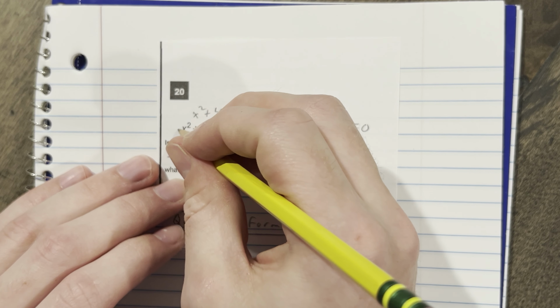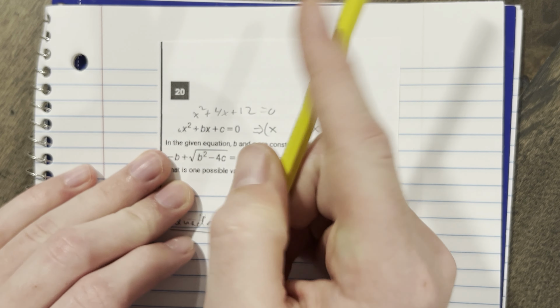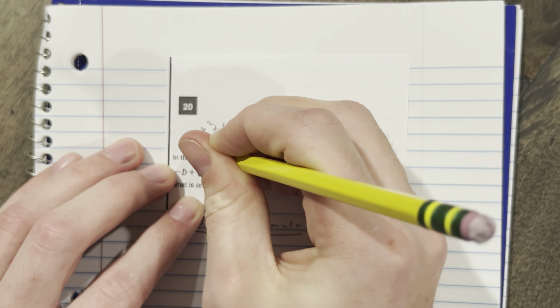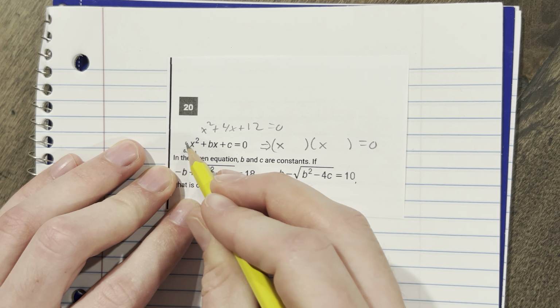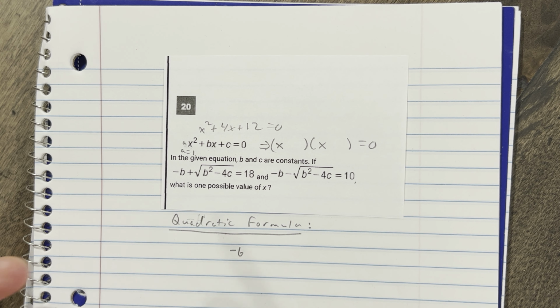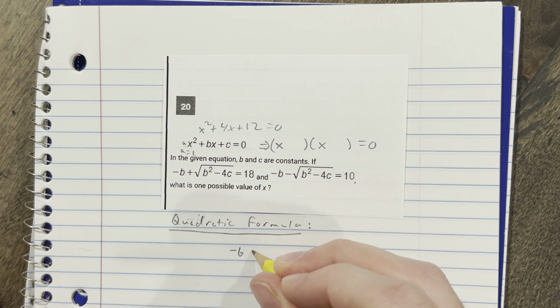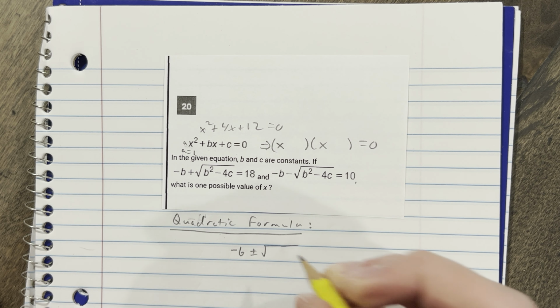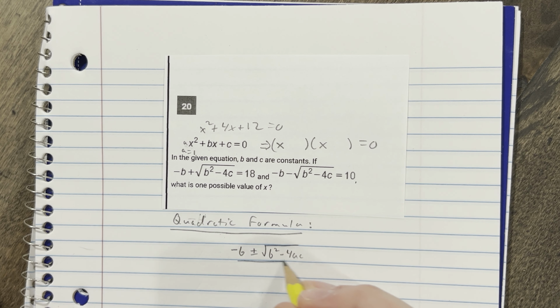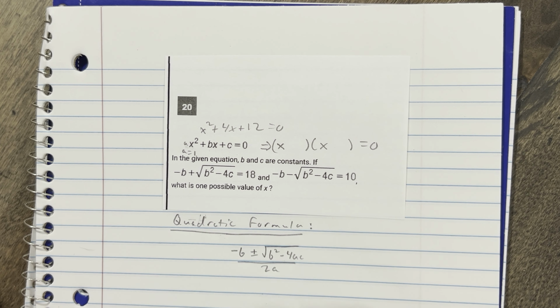There's also an a in here, which is going to be the coefficient of x squared. But we know that a equals 1 because there is no a, right? There's no a because anything times 1 is itself. So we know there's like a 1x squared here, right? So a equals 1. So our quadratic formula is negative b plus or minus the square root of b squared minus 4ac all over 2a.